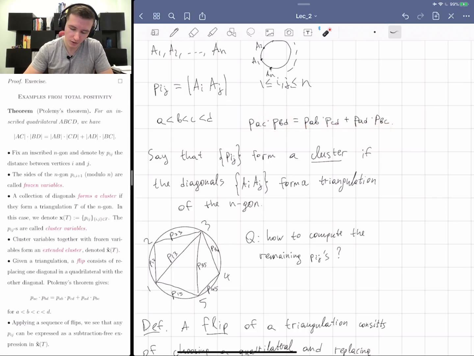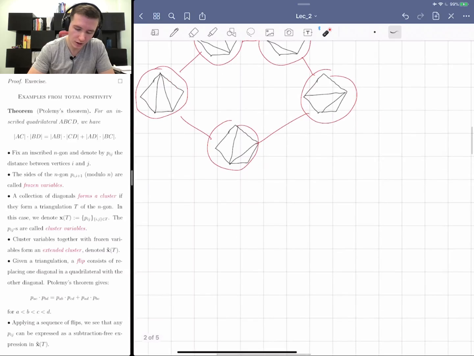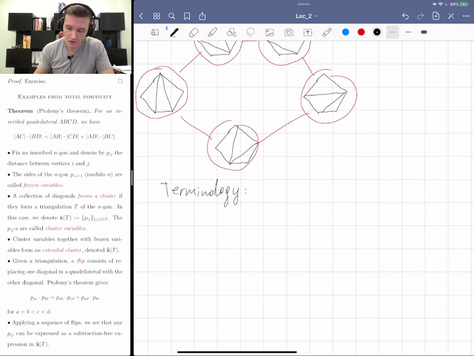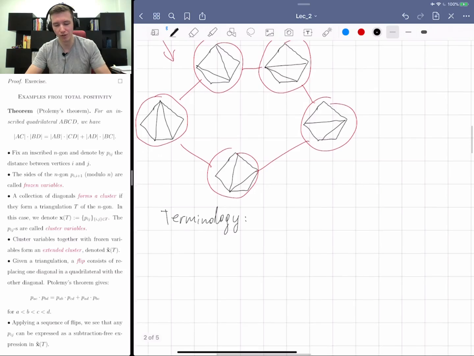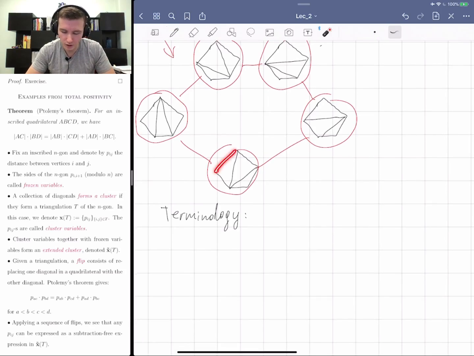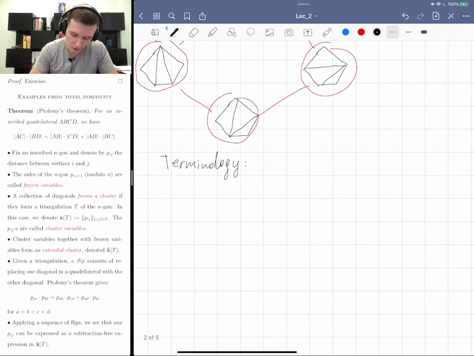Okay, so let me now try to establish the terminology. This terminology is going to be the same for all cluster algebras. Before I was pretty vague about whether the sides of the polygon belong to the cluster or only the diagonals. So let me make this precise.